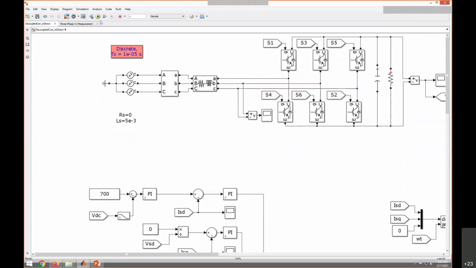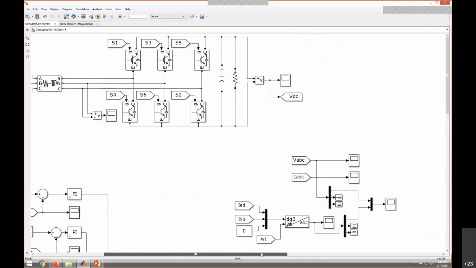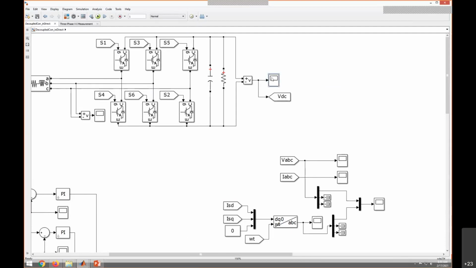So we'll run this one. Okay, this is done. So now we will check the voltages.